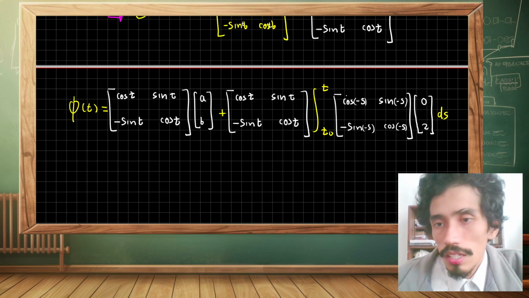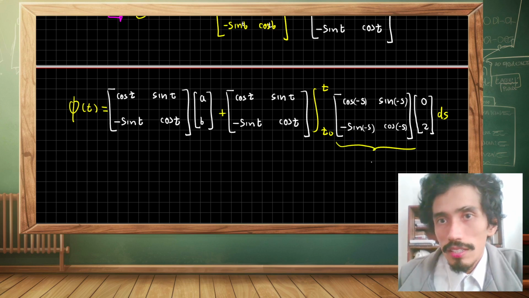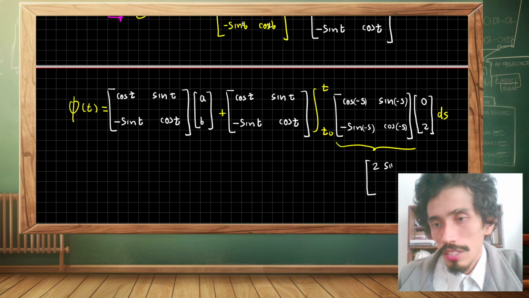Now, this product will give us a column, which is this times this, so it will be 2 times sine of minus s and 2 times cosine of minus s.